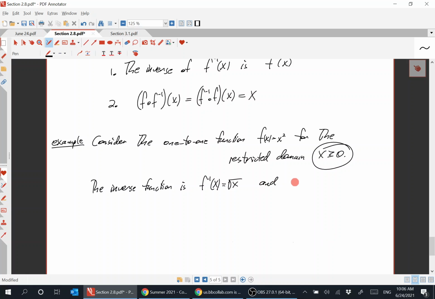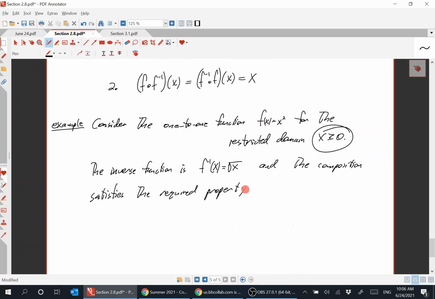All right, and we see that the composition satisfies the required property. So f of f inverse of x: f inverse of x is the square root of x, and f of x is x squared.